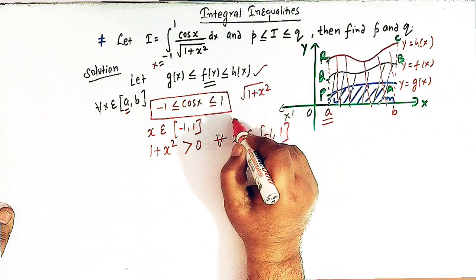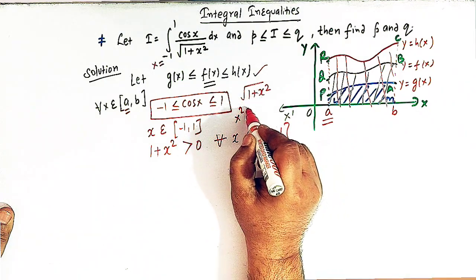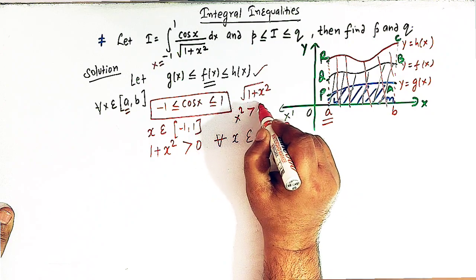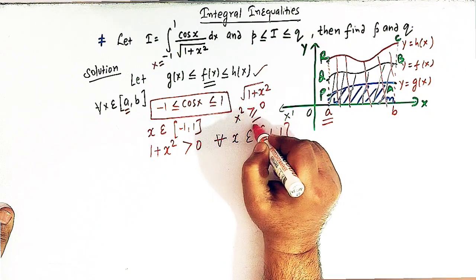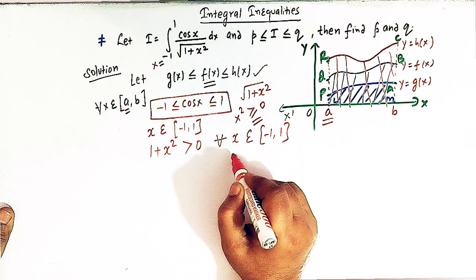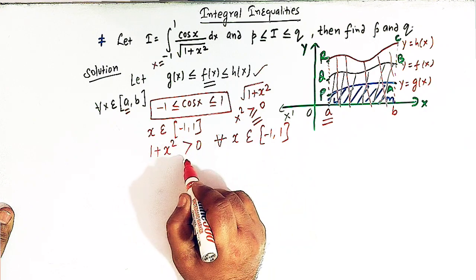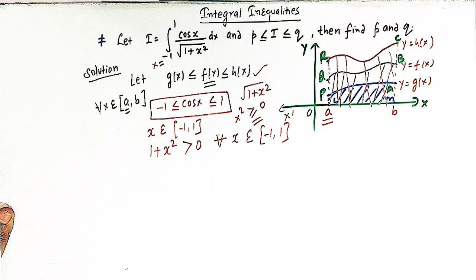Because x square is always going to be greater than or equal to 0, so that 1 plus x square is always greater than 0, right?